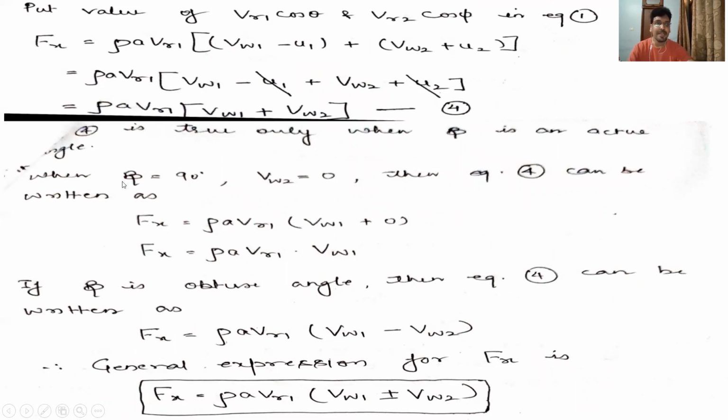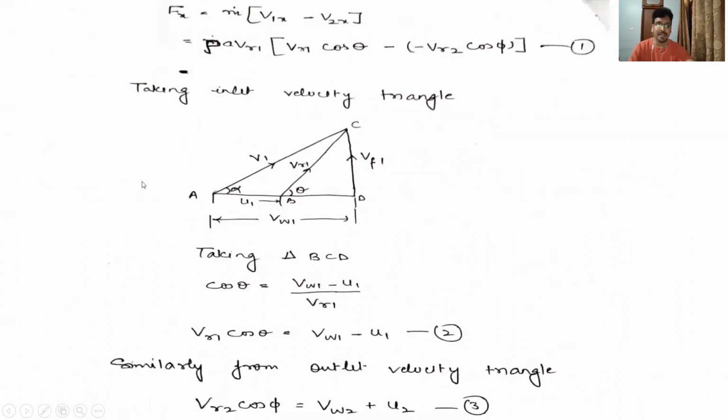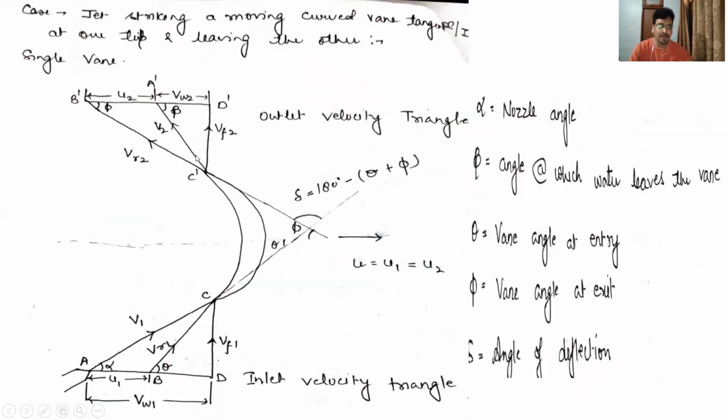If beta is 90 degrees, it means beta moves from this point to this point, then this value VW2 is 0, and VF2 equals V2.